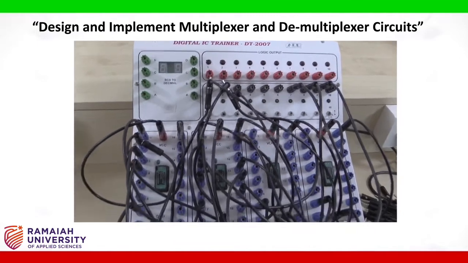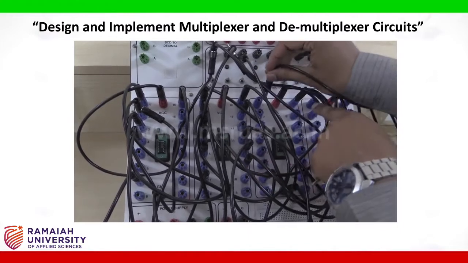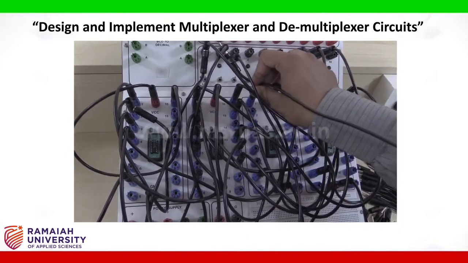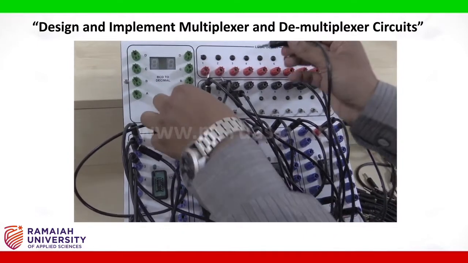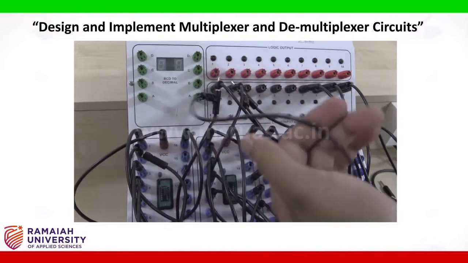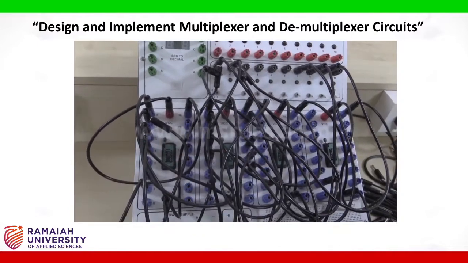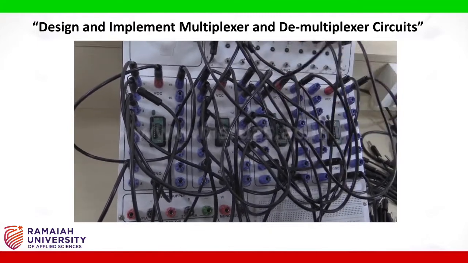Next, pin number 1 of the other 3 input AND gate is connected to the select input, that is S1. Pin number 2 is connected to the select input S0.